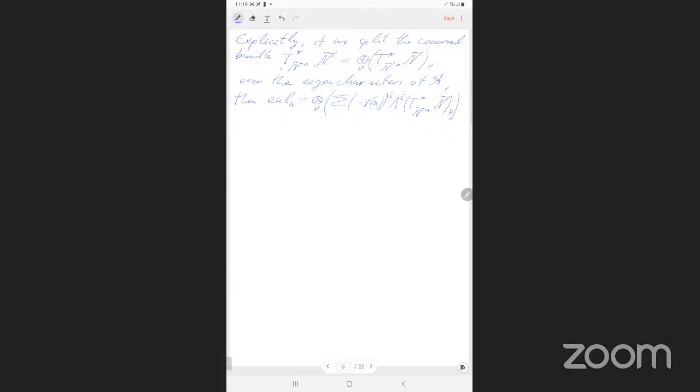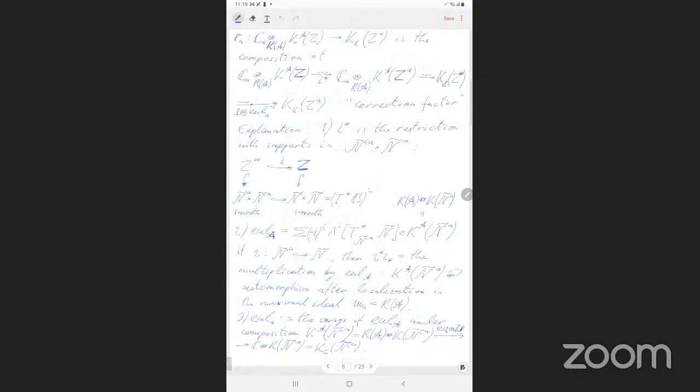So now I have defined all the ingredients. Maybe let's go back. Yeah, we're defining this morphism RA at the very top of this page. It was the composition of those guys. So first was restriction with support. Then we just rewrote the specialized equivariant K-theory in terms of non-specialized, sort of concentration theorem, Thomason.